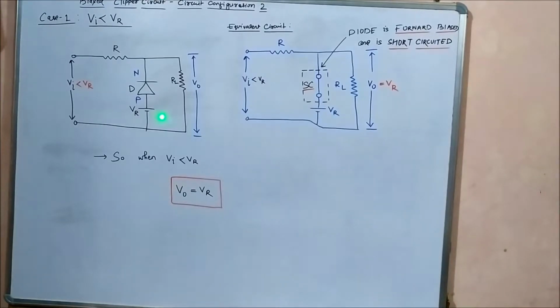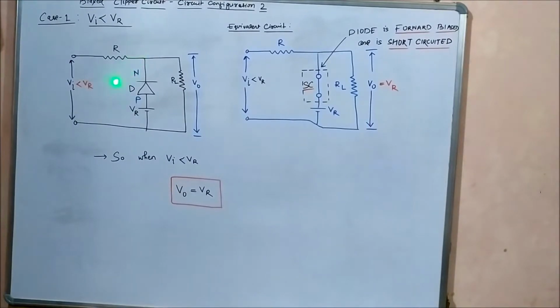Again here, the behavior of this diode becomes crucial. The concept of forward and reverse biasing of the diode will come into play and will determine the behavior of the circuit and the output voltage level.